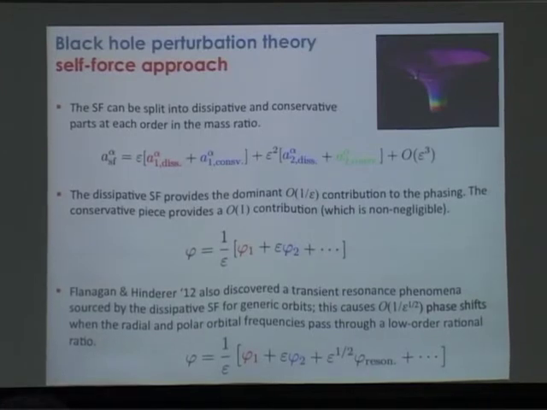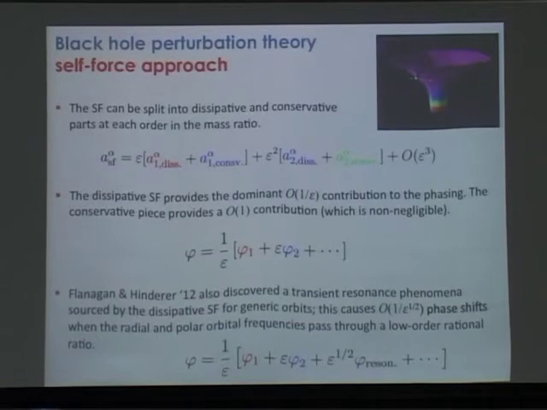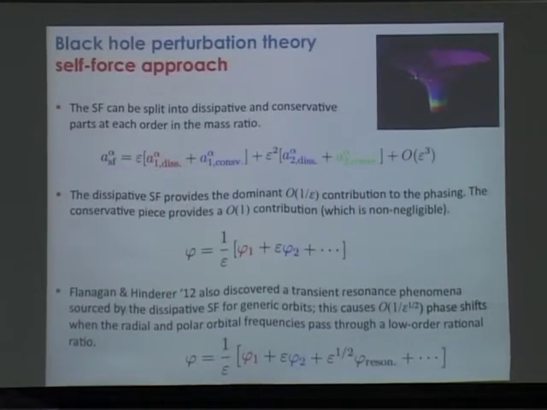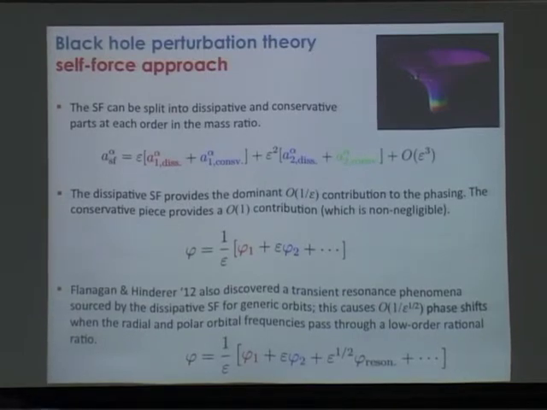This dissipative self-force effect gets amplified and causes a weird phase shift, which acts like a sudden glitch in my phase evolution, and it's very much larger than this conservative self-force effect. So this was only discovered very recently.